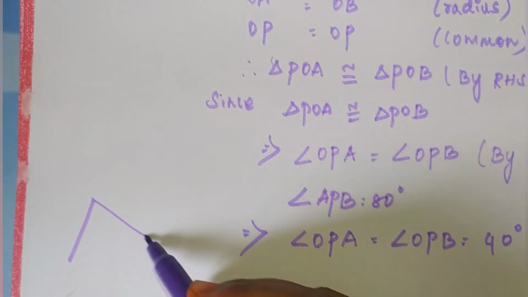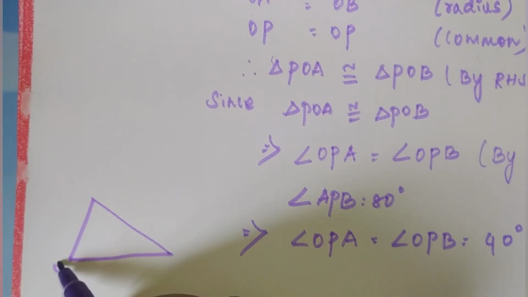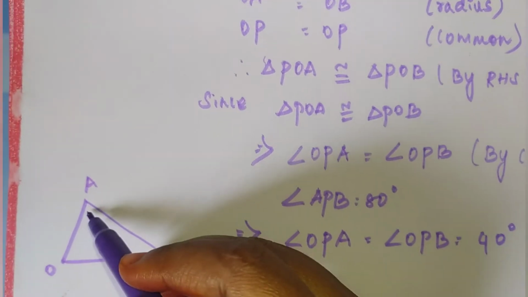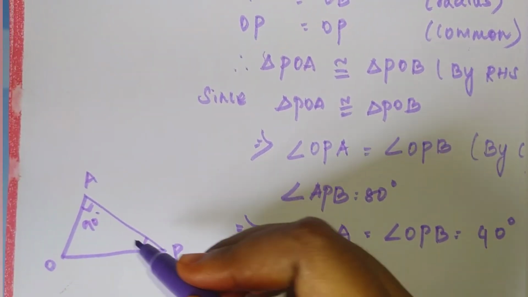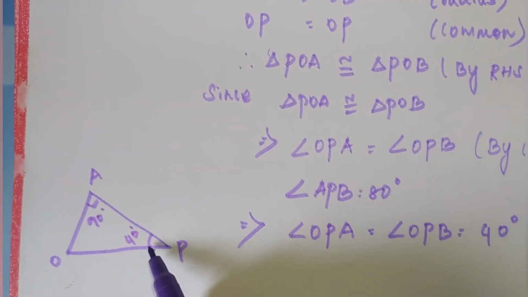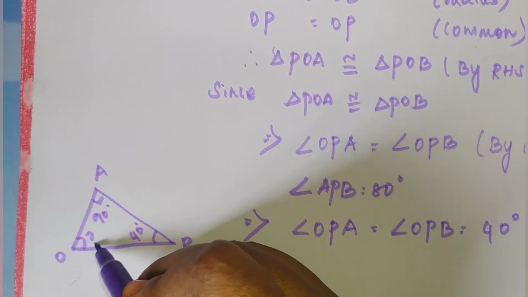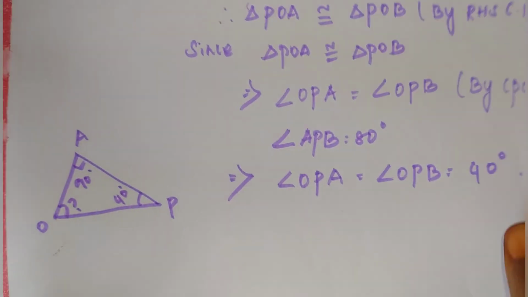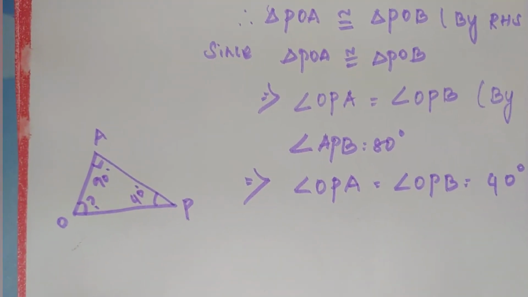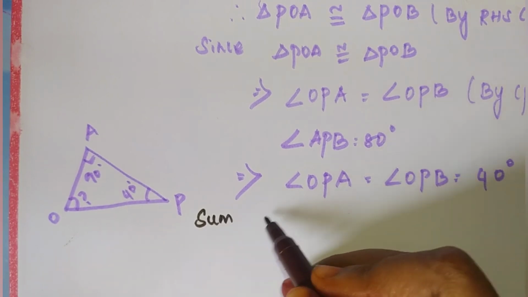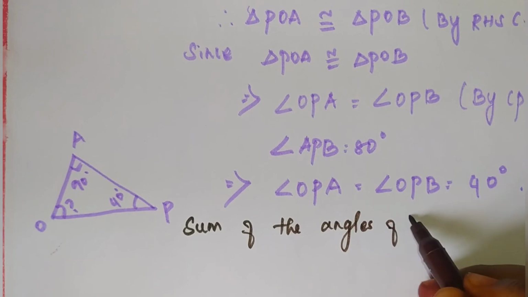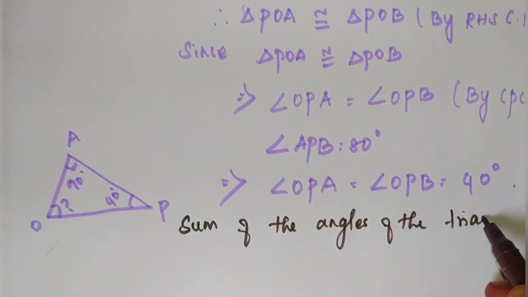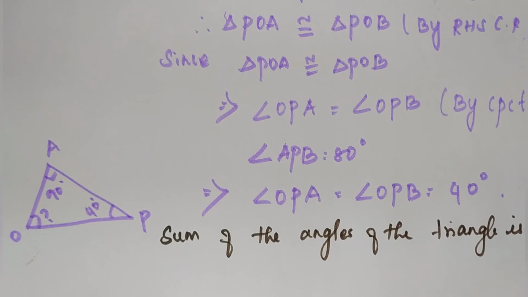I am going to take that triangle OAP, and this one is 90 degrees, we know by theorem 10.1, and this is 40 degrees, as we just found. We can find this angle by the sum of the angles of a triangle being 180 degrees.